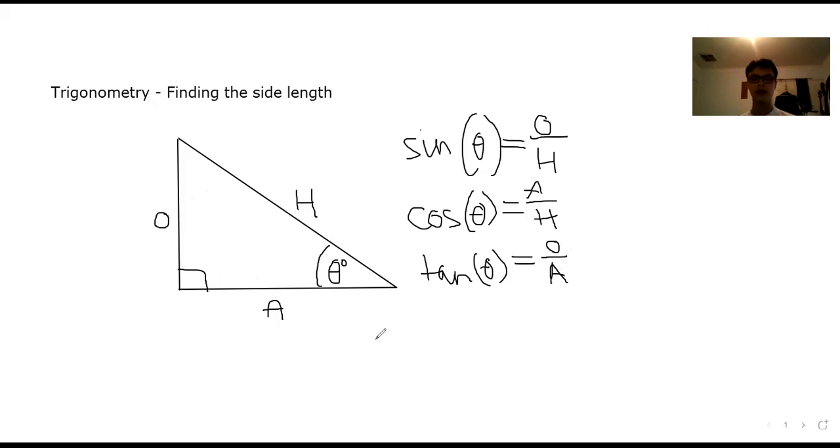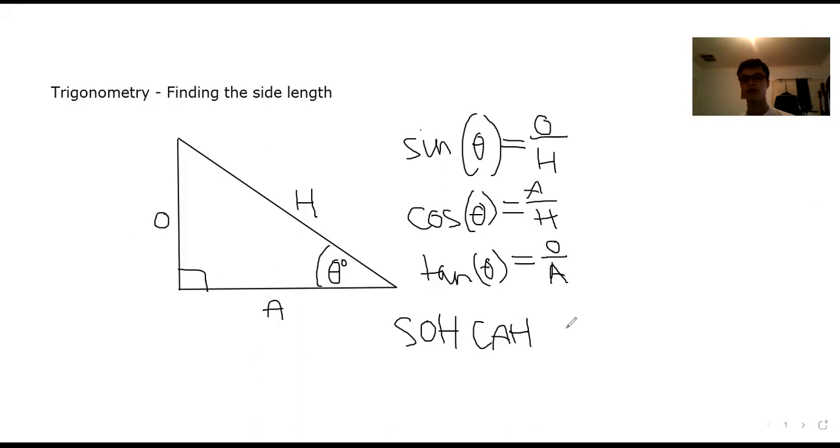Another way you can memorize these formulas is SOHCAHTOA. We start off with the sine part, SOH, which means sine theta equals opposite divided by hypotenuse. Then we have the CAH part, which means cos theta equals adjacent divided by hypotenuse.